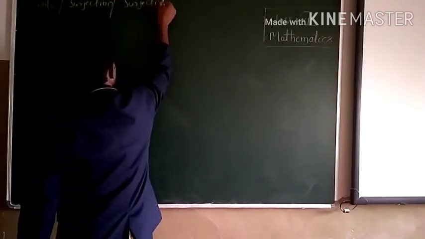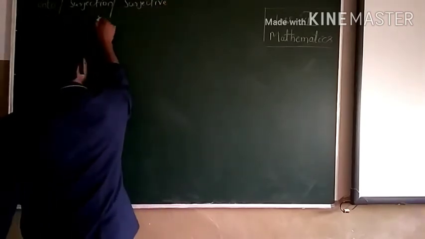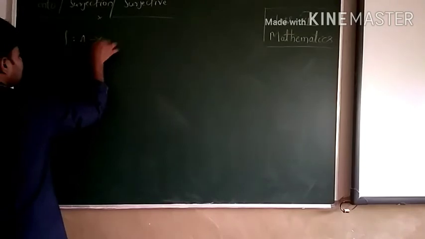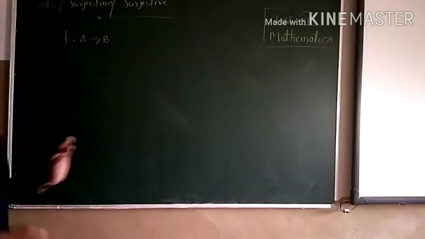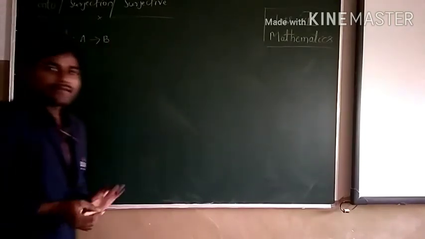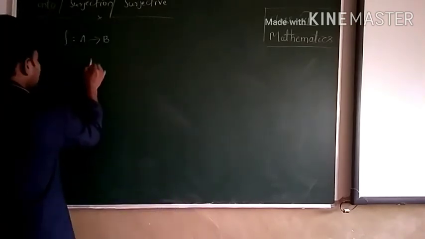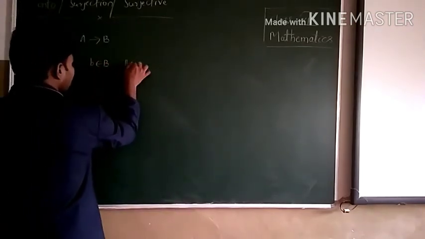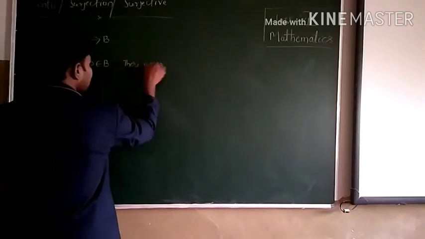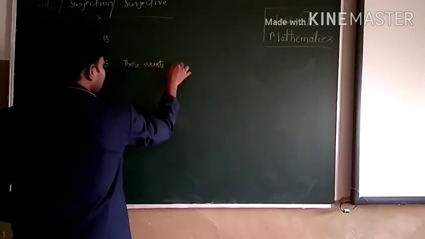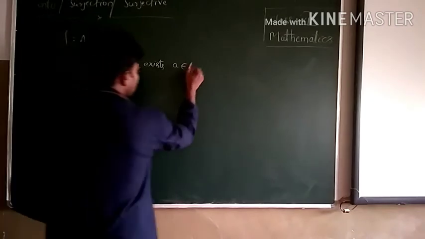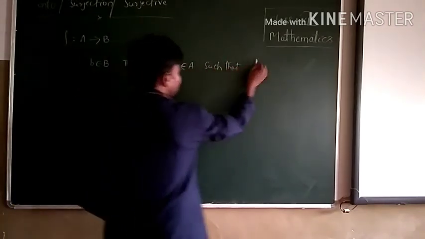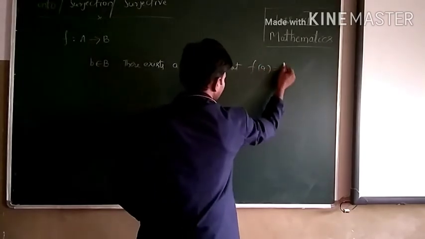Suppose f: A to B is said to be an onto function if for each b belongs to B, there exists a belongs to A such that f(a) is equal to b.